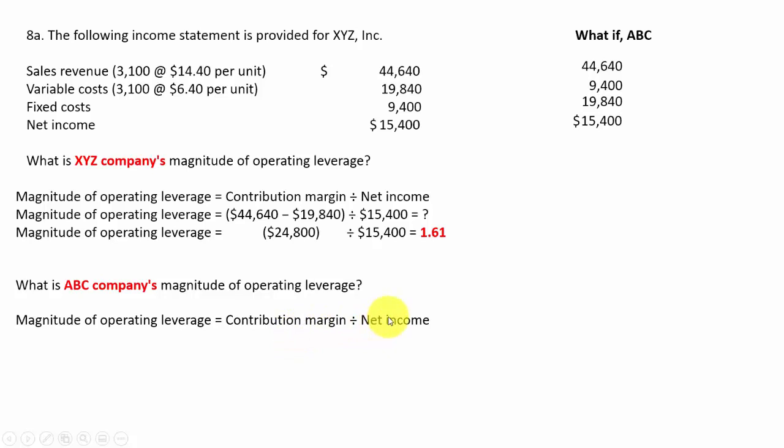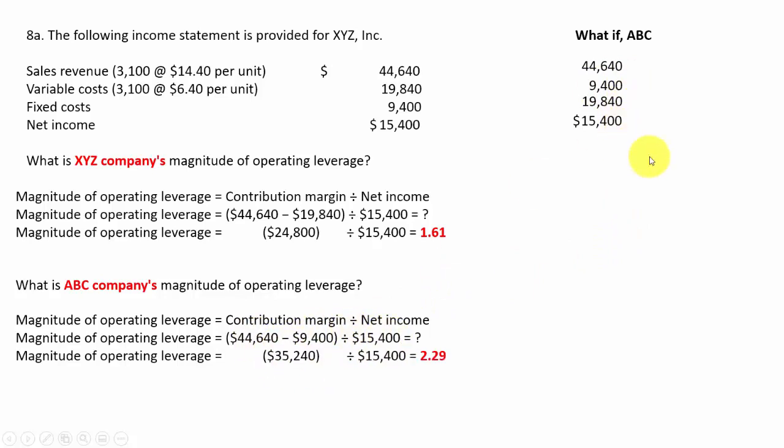So our contribution margin divided by net income is going to be the $44,640 revenues minus the $9,400 worth of variable cost, and that sum is then divided by $15,400, which is net income.